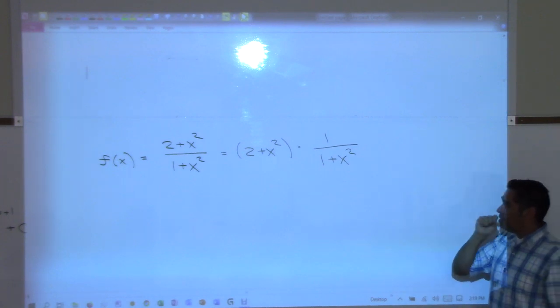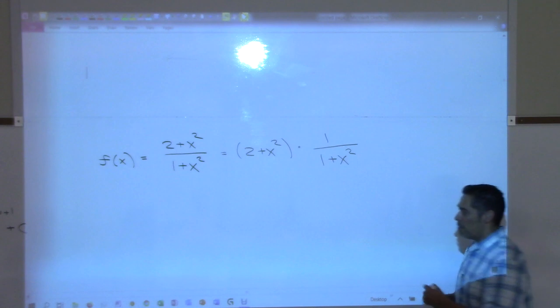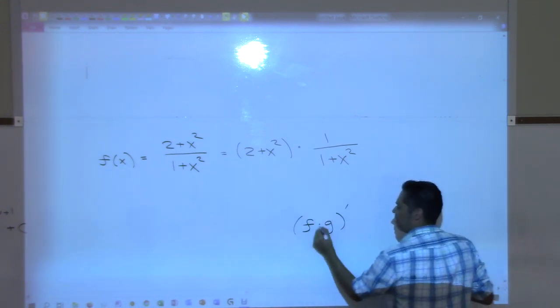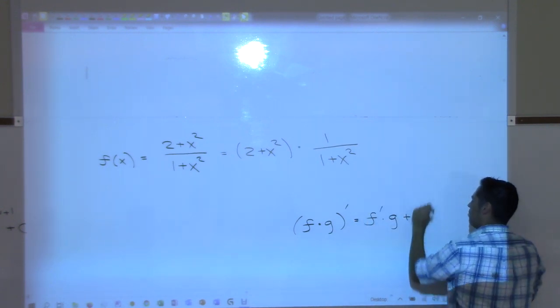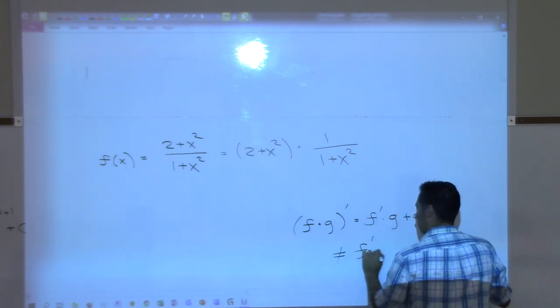I always tell my students, if the product rule and quotient rule didn't exist, if they were what you hoped they were, right? Remember in Cal 1? The derivative of the product of two functions is this product rule. It is not equal to that.